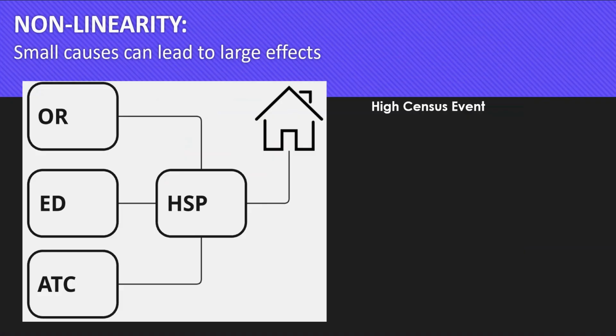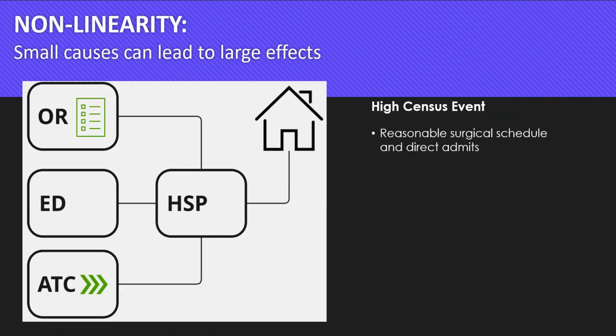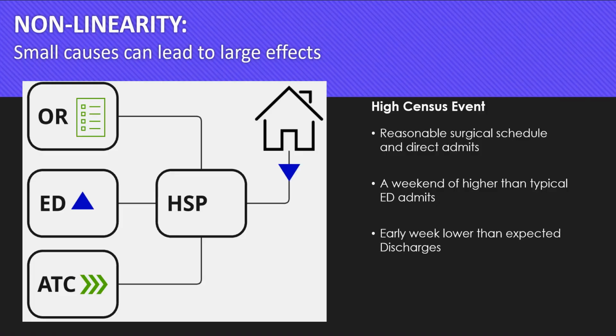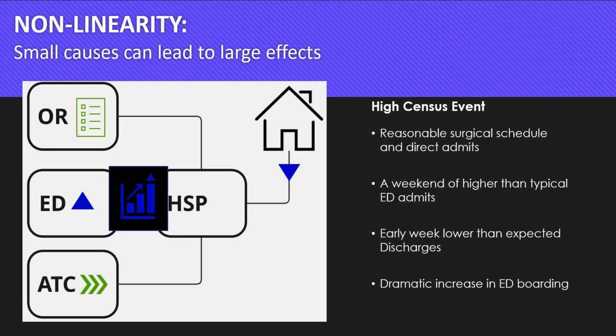They also tend to display nonlinearity, which we can think of simply as small causes can lead to large effects. So I have seen many times different variations on this sort of event happening, where we have a very reasonable OR schedule, and our transfer center does not have a large influx of demand, but we experience a weekend maybe of higher than typical ED admits paired with some early in the week low discharge numbers that can lead to something like a dramatic increase in ED boarders because these relationships aren't linear.